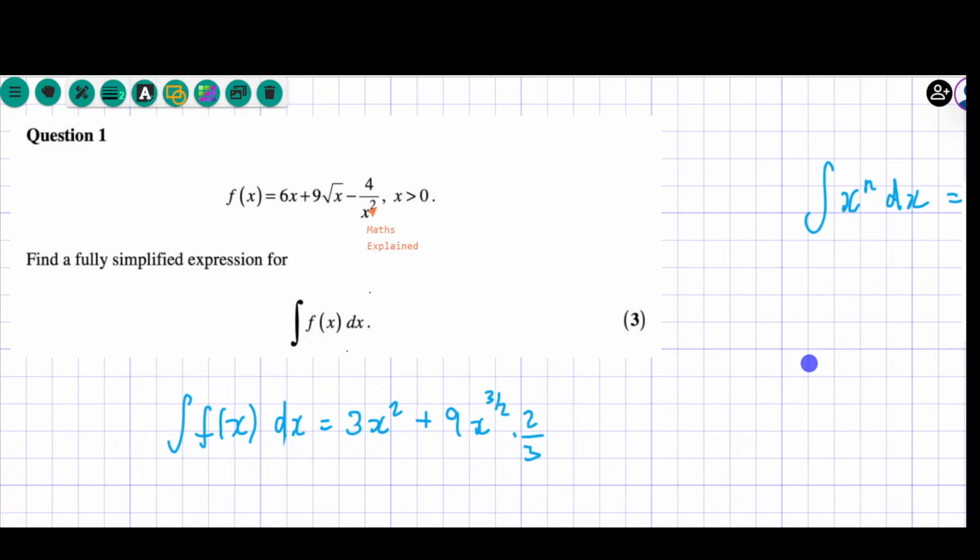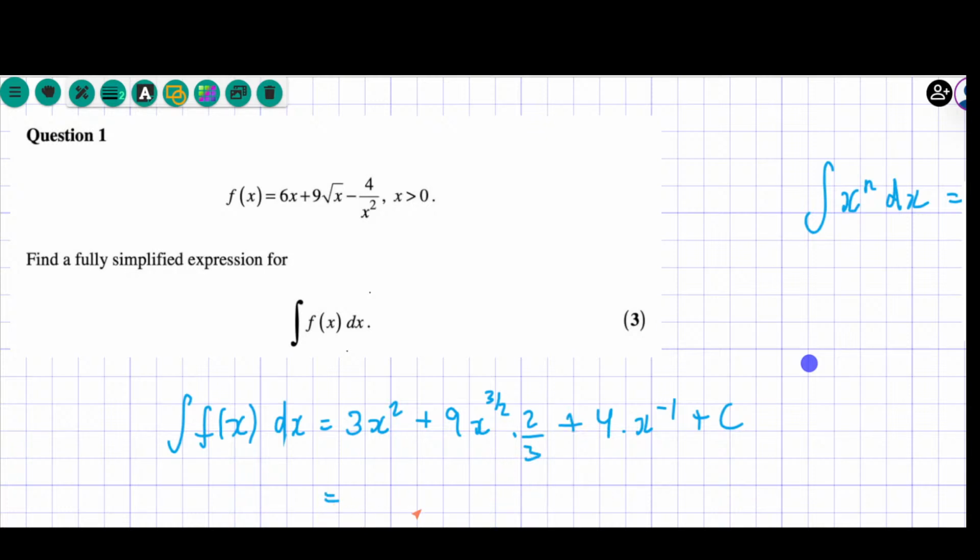And then 4 on x squared, we can think of that as 4x to the power of -2. So this will be -4 multiplied by -2 plus 1 is -1. So the whole thing is just being multiplied by -1. In other words, we're going to have a +4 and then x to the -1. And don't ever forget to add the c on the end for an indefinite integral.